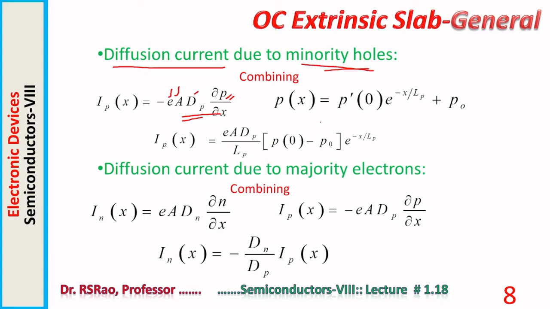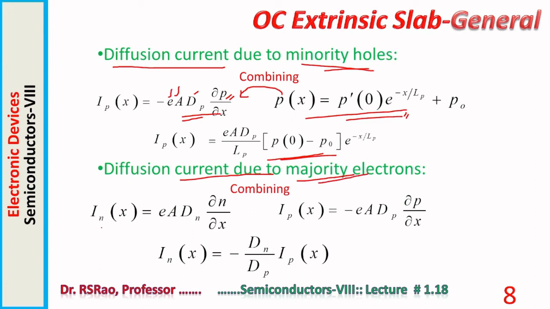P is given by this formula. This relation we derived in case 2, so we are using the results of the previous analysis. Substituting this in this equation, we get this expression, the diffusion current due to minority holes. Now diffusion current due to majority electrons.